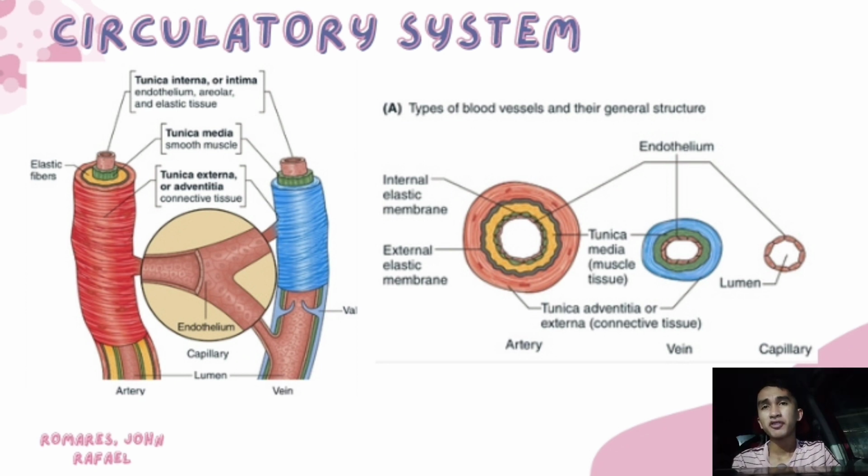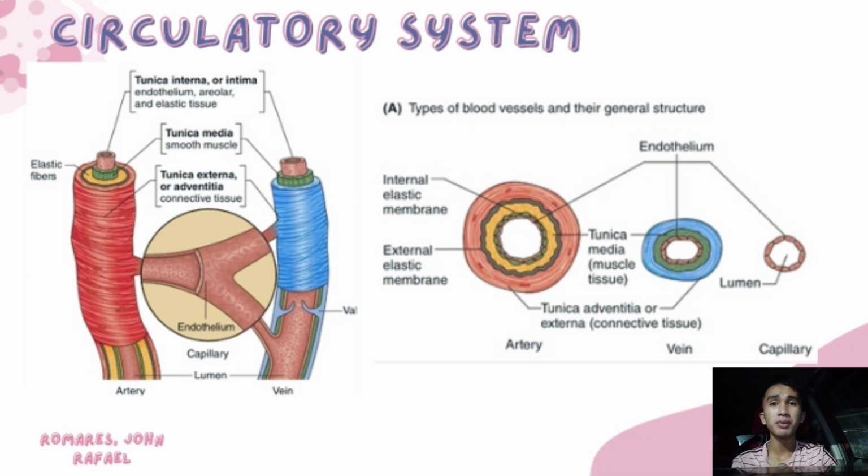Types of blood vessels and their general structures. We can see in the pictures the artery, vein, and capillary. The capillary has a lumen, but the artery and vein have no lumen.